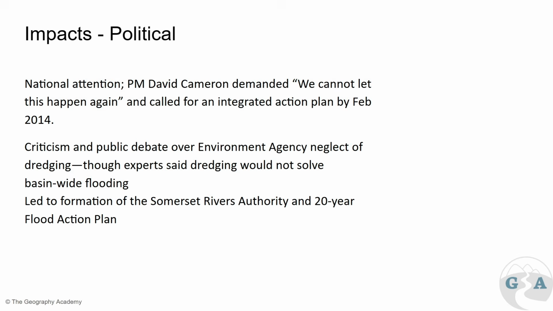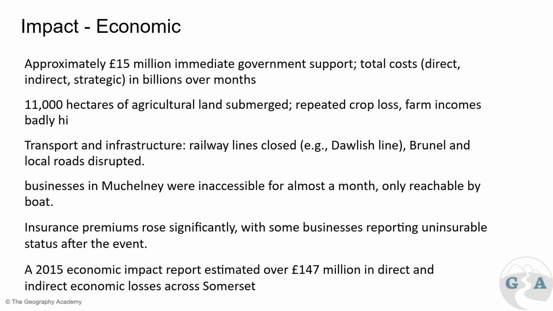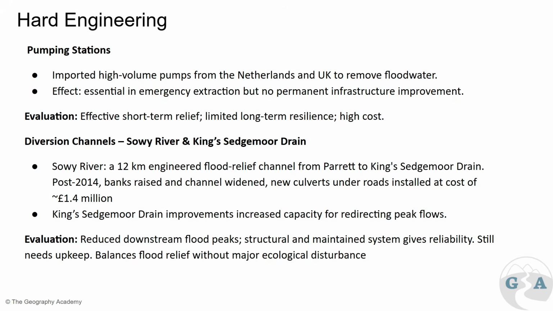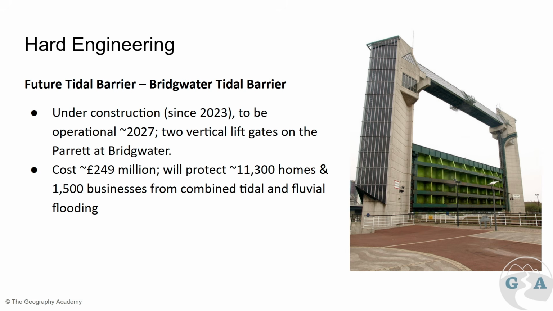As we mentioned before, the estimated cost initially was about 147. So if you think about that, this large, expensive, very technical piece of hard engineering is going to be able to protect thousands of people's homes and thousands of businesses from the combined tidal and fluvial flooding. That is less than the cost of two floods happening again of the same scale.